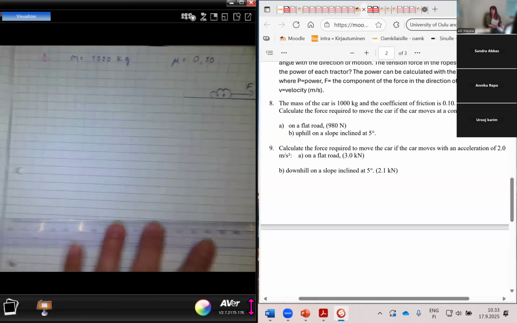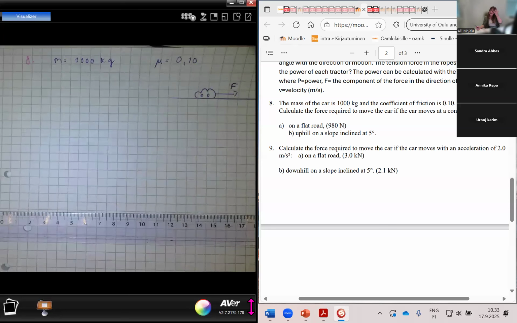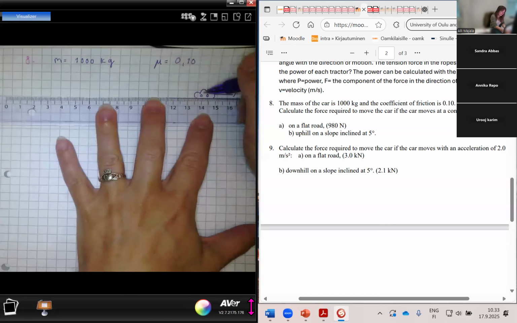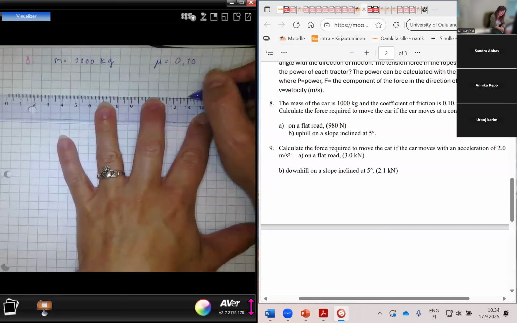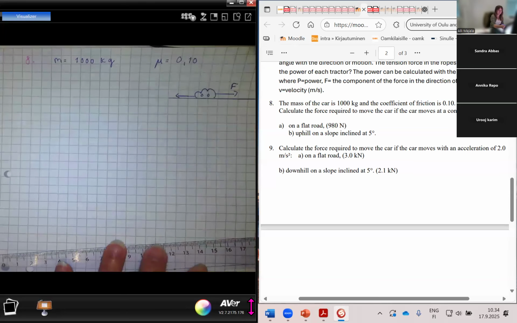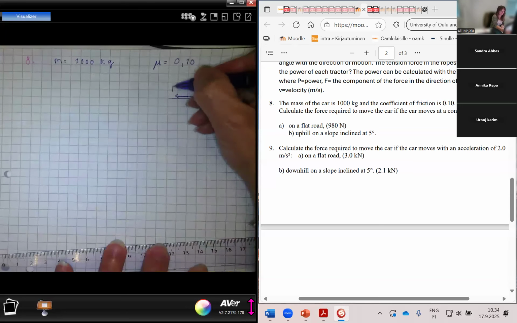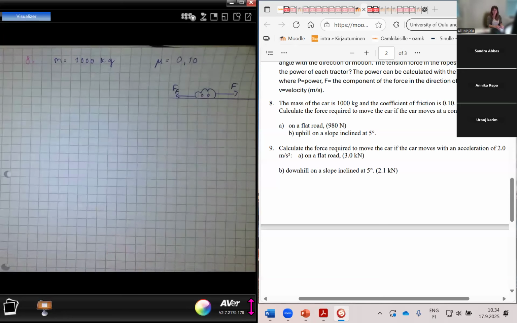That's my engine force there. And then, of course, the friction force. Usually you always have it like this. Here would be the friction force. I can mark it, for example, F and little f there.